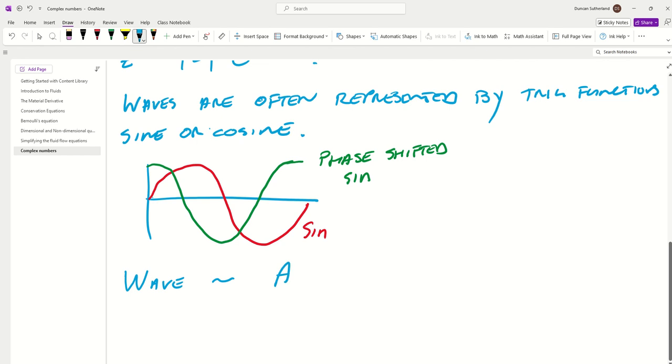So this sine and cosine are equivalent, and you often represent a wave with an amplitude, a trig function, some sort of frequency. You might have a wave number in there, which is a sort of, if you like, a spatial frequency. So you can have a variation in both time and space, and you give it some sort of phase. Okay?